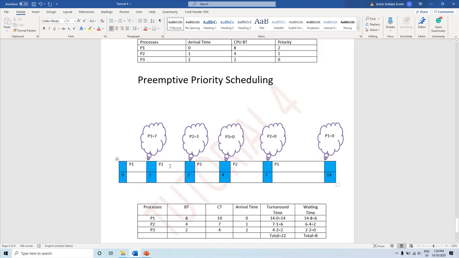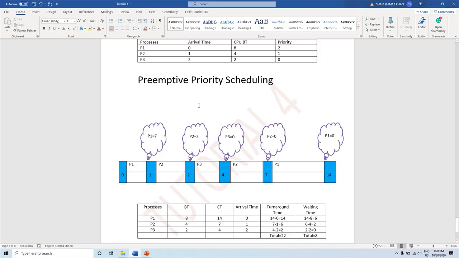So P2 gets the CPU and starts running at 1 millisecond. When the time reaches 2 milliseconds, a new process comes to the ready queue, which raises an interrupt.